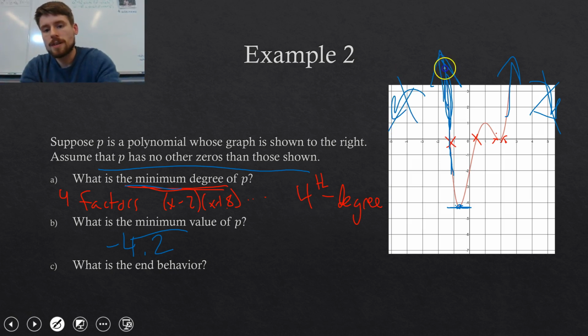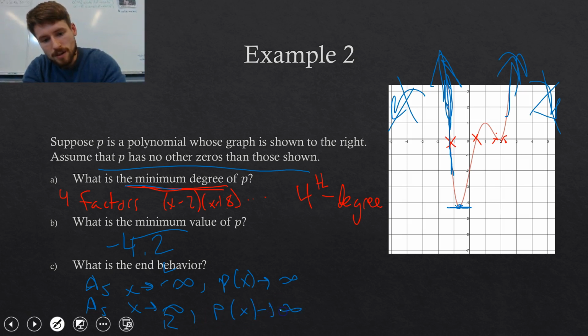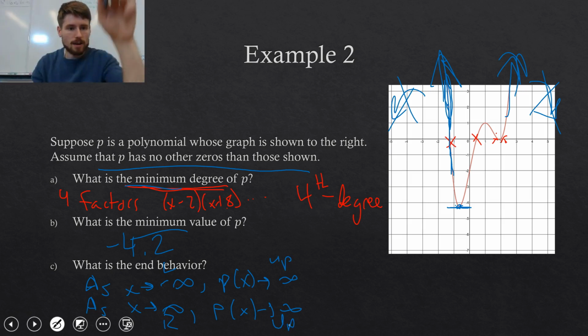Then we're going to go left and up, right and up, and so our end behavior would be as x approaches -infinity, as we go left, the p of x polynomial approaches +infinity. And similarly, as x approaches +infinity, so this is left, this is right, p of x approaches +infinity. Both of these are up and up, left and up, right and up.